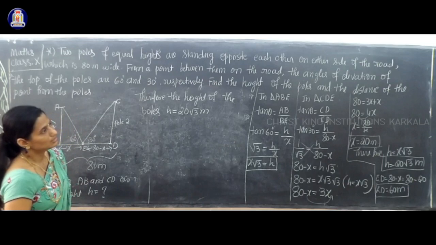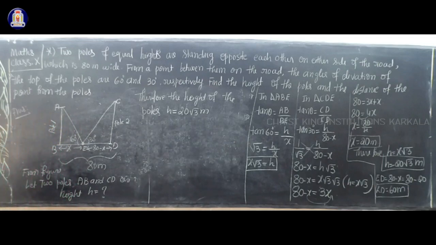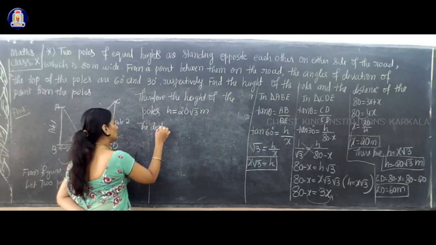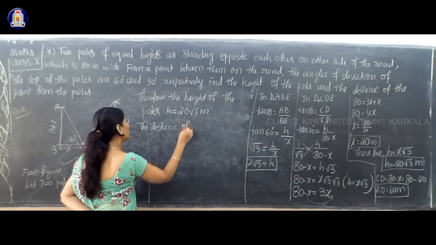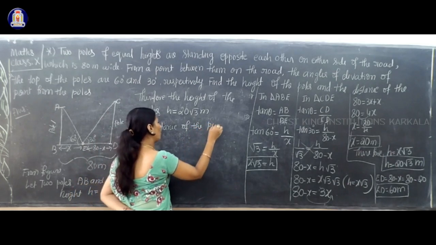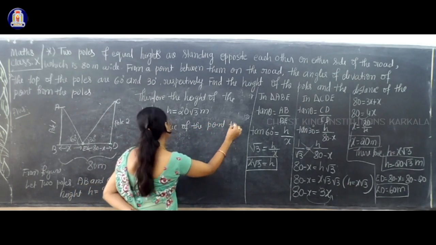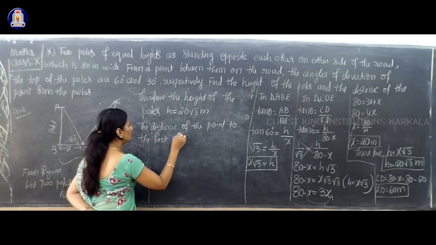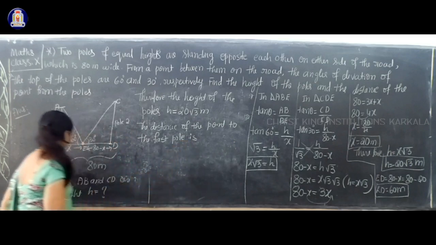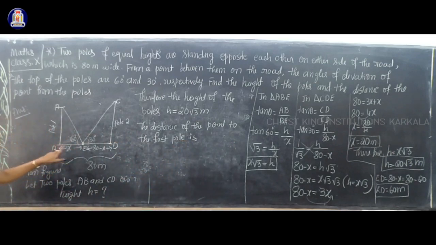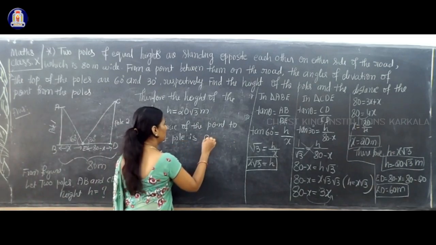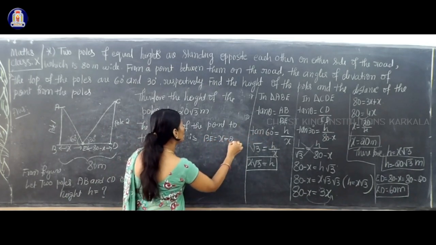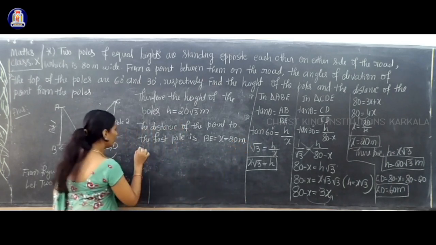The next, the distance of the point from the poles. So the distance of the point to the first pole is, what is that? From the point to the first pole, that is BE, which is equal to x. X how much you got? It is 20 meter.